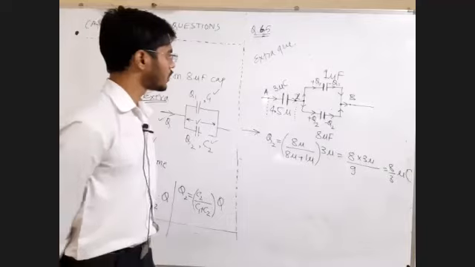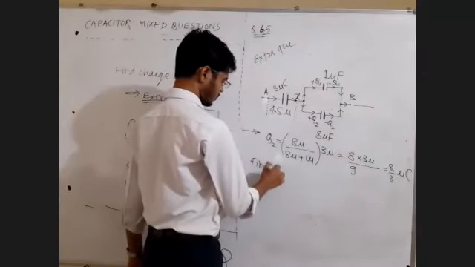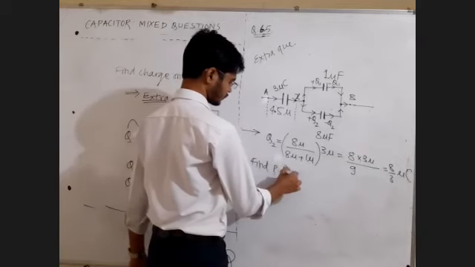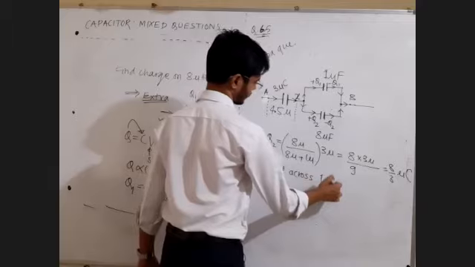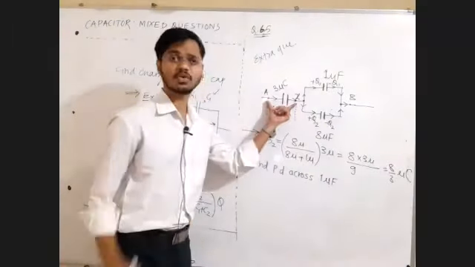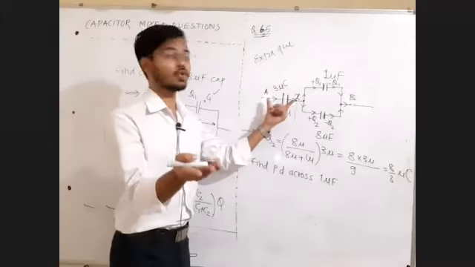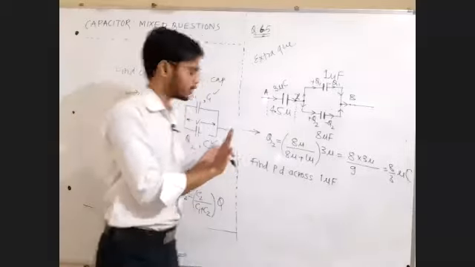Okay, now in the same question, if you are asked to find potential difference across 1 microfarad, they will not ask you that, because V is equal to Q upon C. Q is given, C is given.